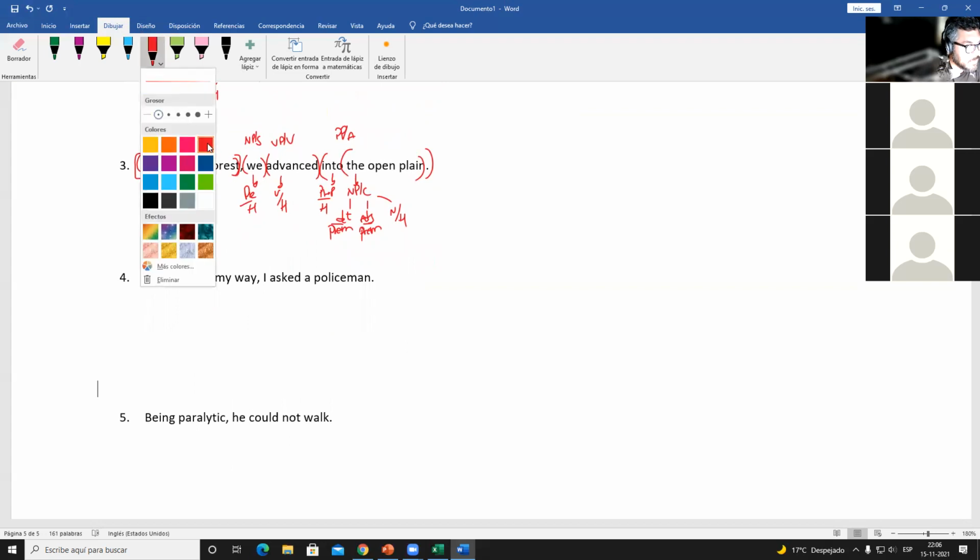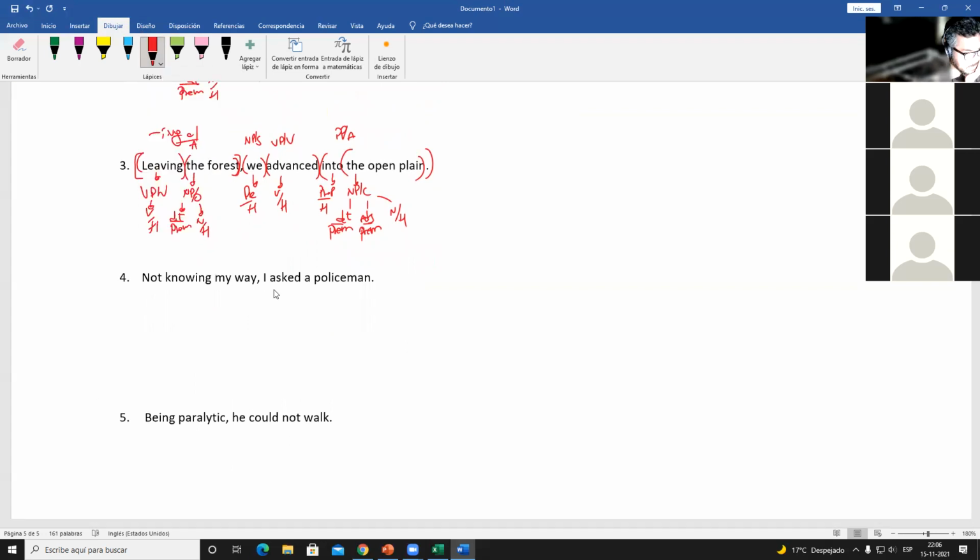Not knowing my way, I asked a policeman. Lo mismo. Not knowing my way. Not knowing. Ya lo dijimos cómo se hacía. I asked a policeman. Knowing, ing. Entonces, ing, close adverbial. Verb phrase, verb. Dos cosas. Not, negative particle.